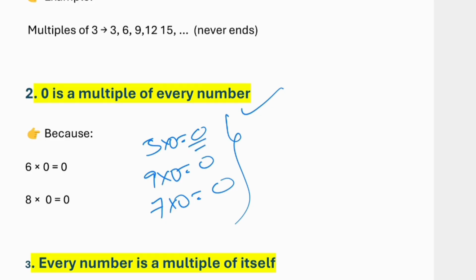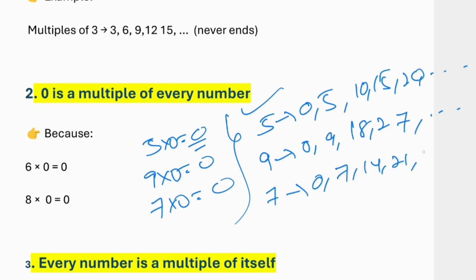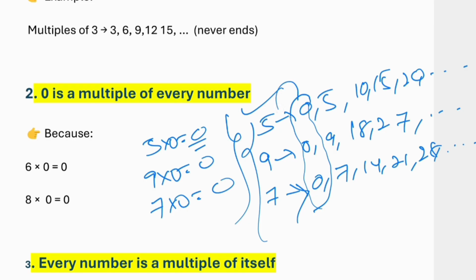For example, the multiples of 5 are 0, 5, 10, 15, 20 and so on. The multiples of 9 are 0, 9, 18, 27 and so on. And the multiples of 7 are 0, 7, 14, 21, 28 and so on. So in all those cases, the multiples start from 0, and therefore 0 is a multiple of every number.